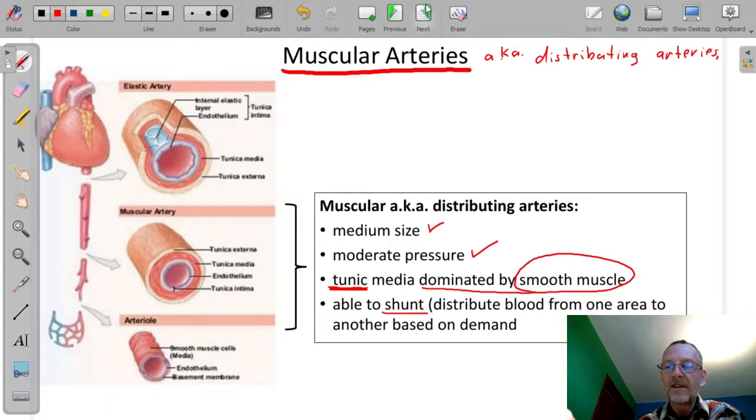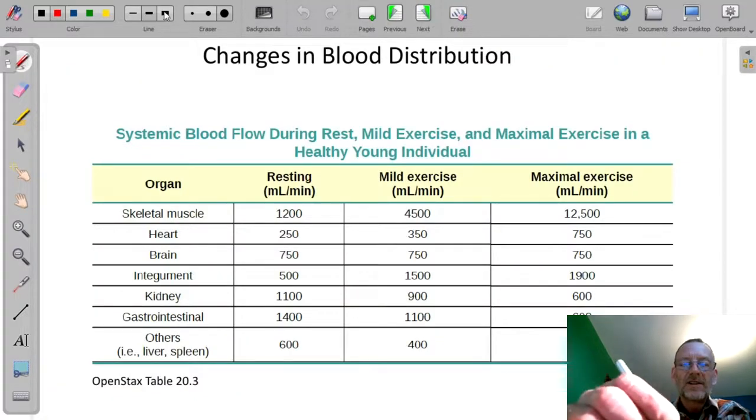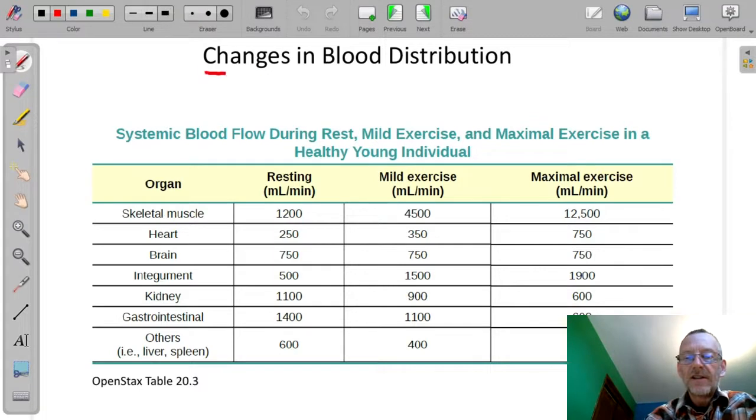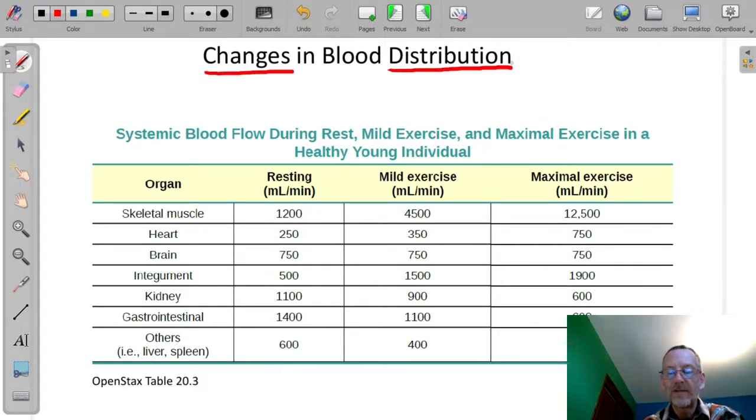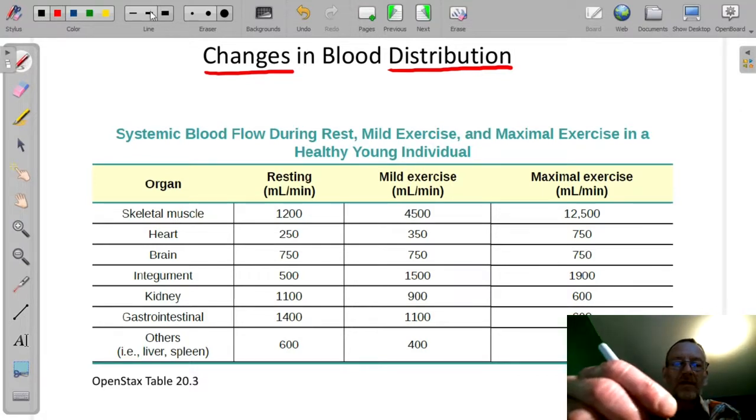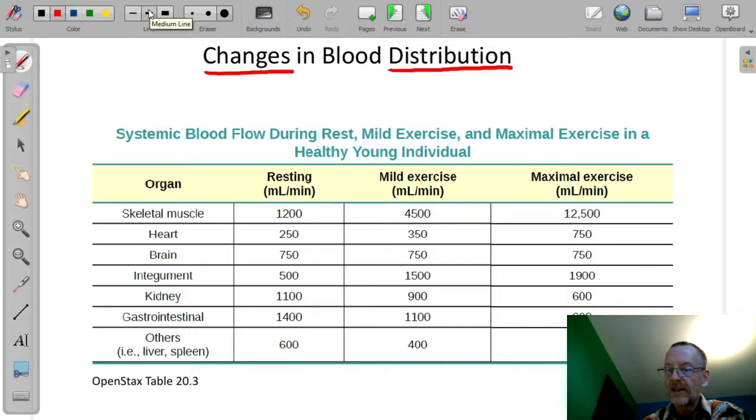And the next slide here shows changes in this distribution as a result of the muscular arteries changing diameter and shunting blood from one area to another. You don't need to memorize this table, but do take a look at the general idea.